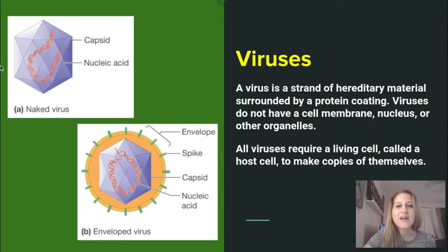That means it does not have an envelope around it. You have a capsid, which is made out of protein, and then you have nucleic acid within that virus. Nucleic acid is what that genetic material would be made of, DNA, deoxyribonucleic acid. That's what we have inside here.